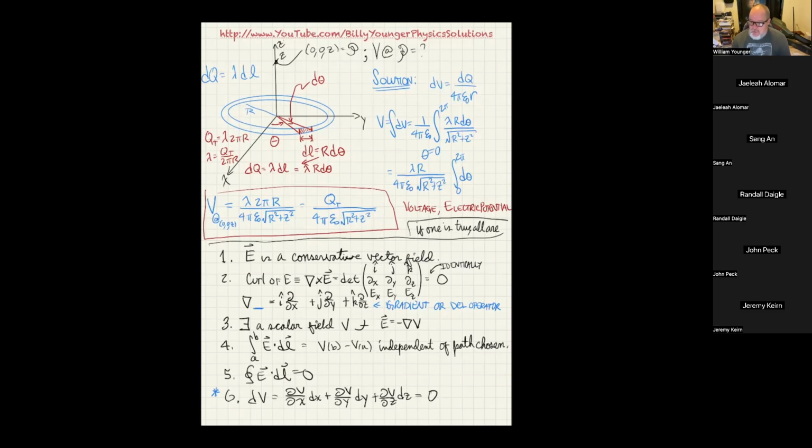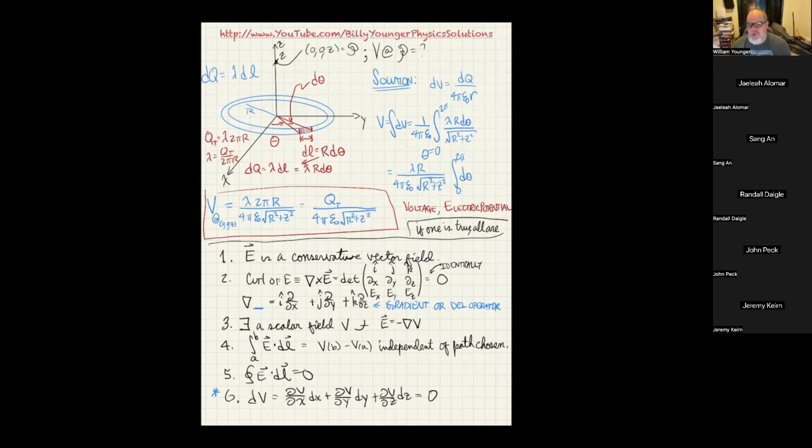Those two directions are perpendicular, so that tells us we got to use the Pythagorean theorem to figure out what the diagonal of that triangle is. So the triangle has basically a length r laying in the xy plane, and then it has a length z sticking out perpendicular to the xy plane, and that diagonal is just the square root of r squared plus z squared. That's why I did that.